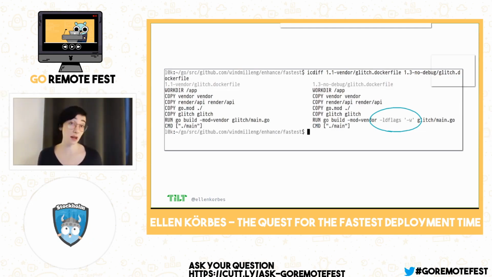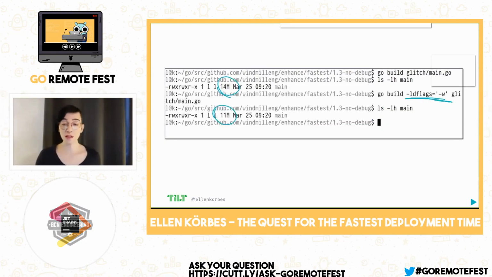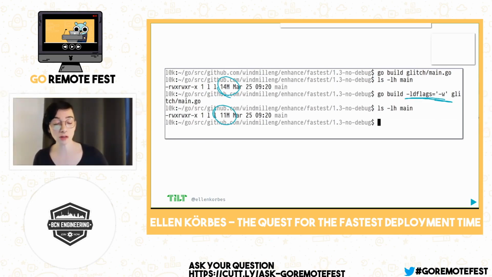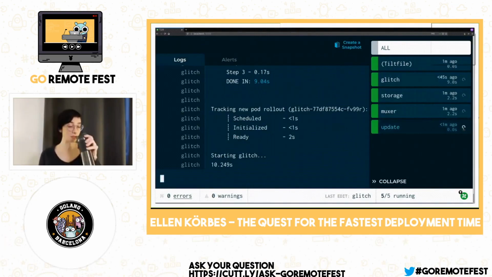They take a huge amount of space in your binary, and you can just remove them by telling the compiler, hey, don't do the debugging stuff. It's pretty simple. The file size diminishes a lot. It went from 14 megabytes to 11, and I'm going to talk a little bit more about this size difference in a few minutes, because it's going to make more sense then. But for now, just know that it's a smaller file, and that's going to be a little bit faster.